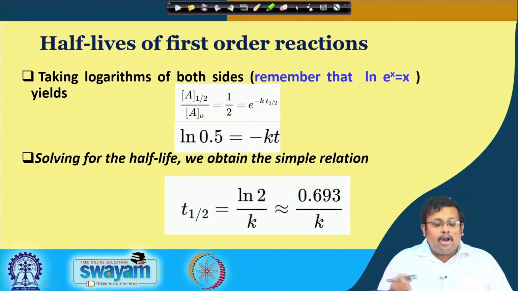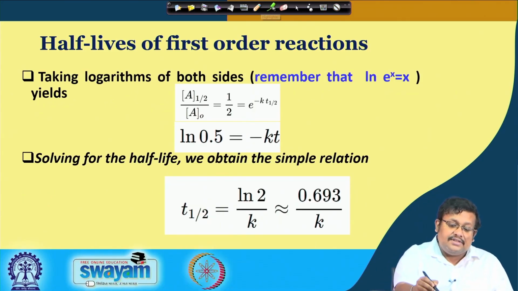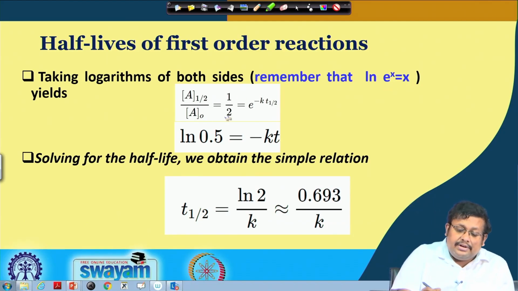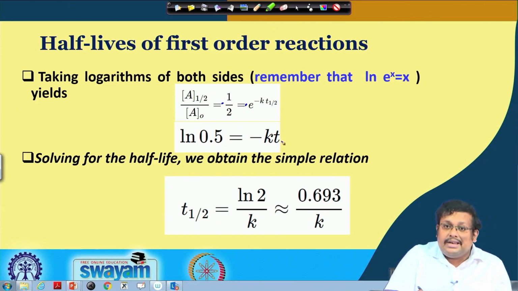So, if we take a logarithm on both sides of this equation, we have to remember that logarithm of e to the x is equal to x. So, basically logarithm of 0.5 equal to minus k T half.